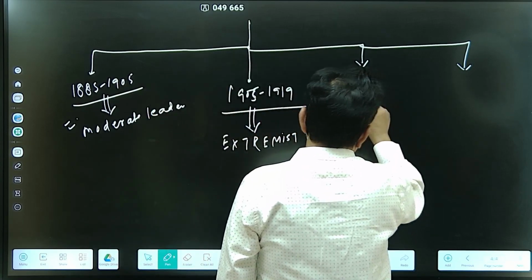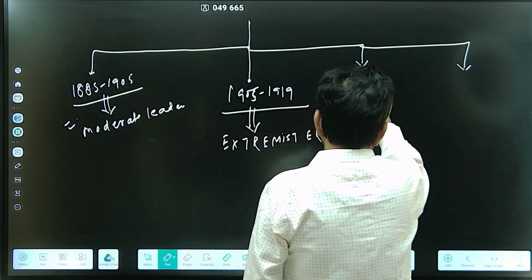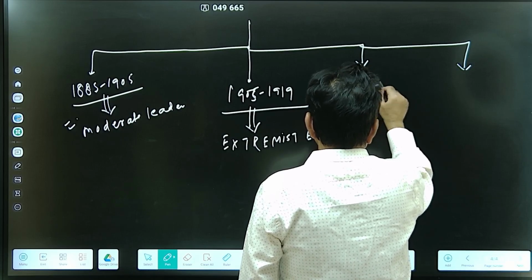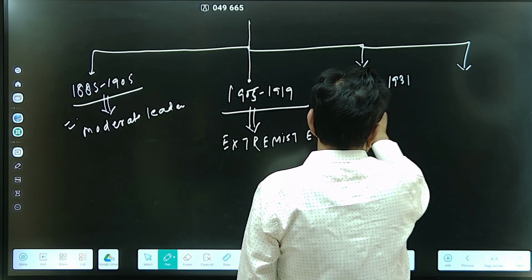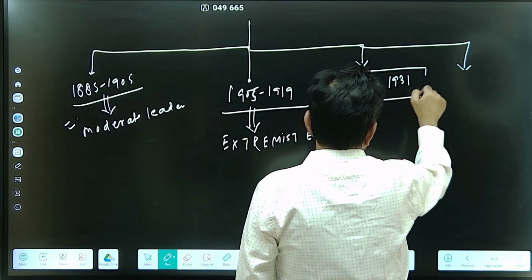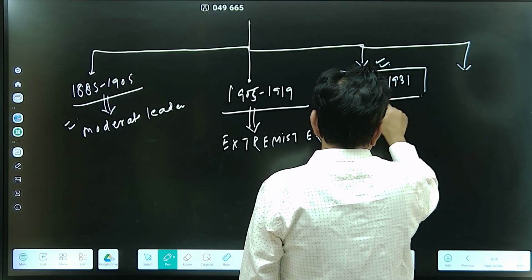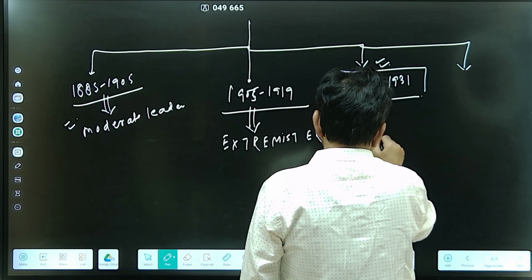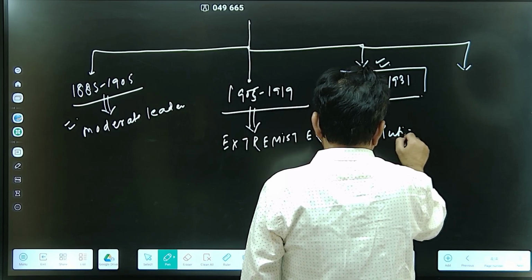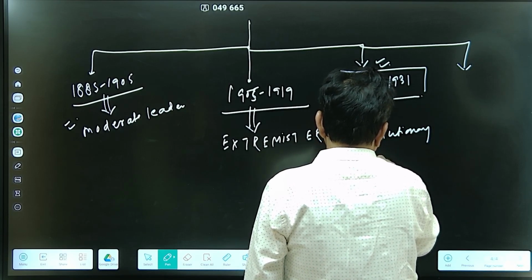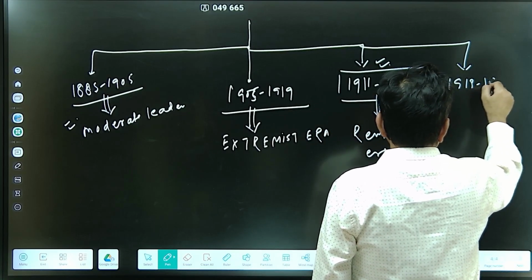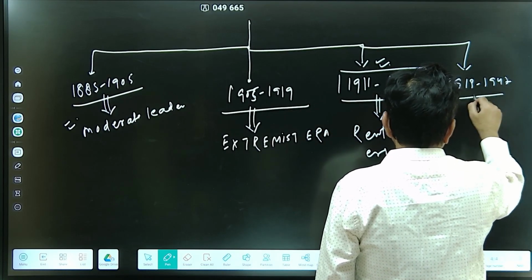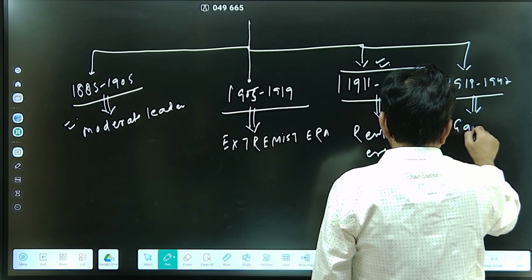From 1911 to 1931, this was the time period of the revolutionaries era. And from 1919 to 1947, this was the time period of the Gandhian era.